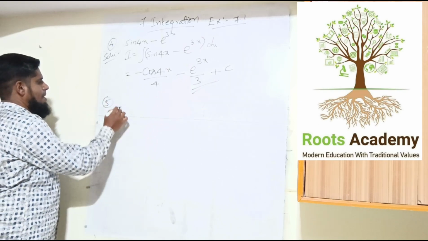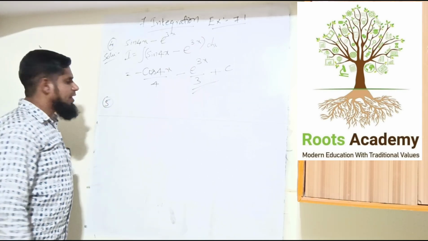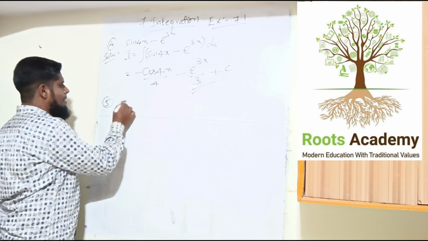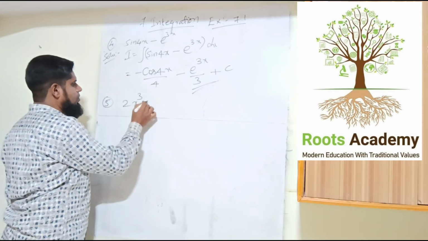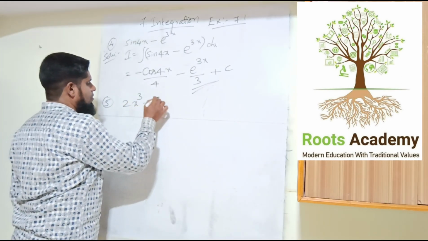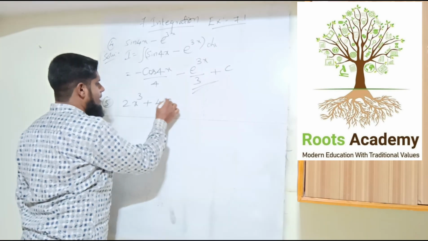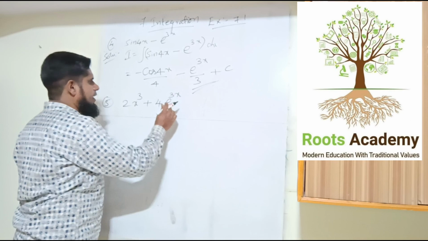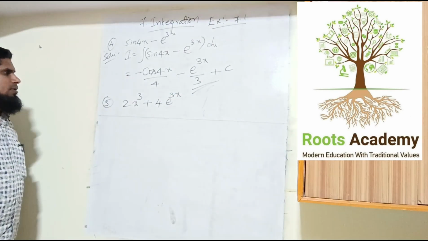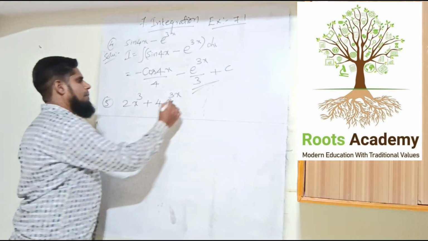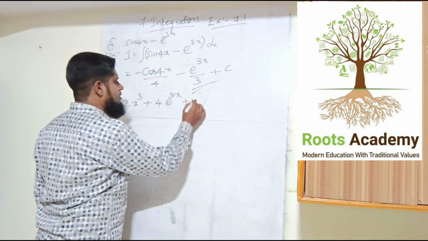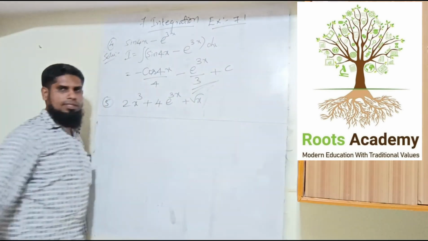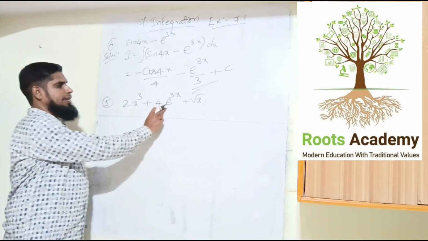Next, find the integral of 2x cube plus 4 e power 3x plus root x. There are totally 3 terms here.